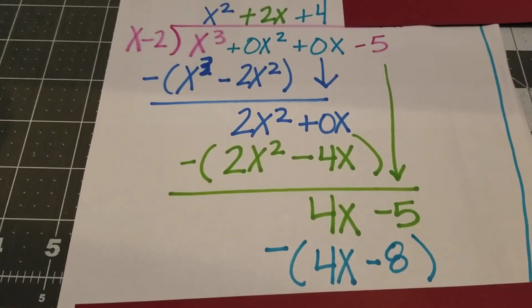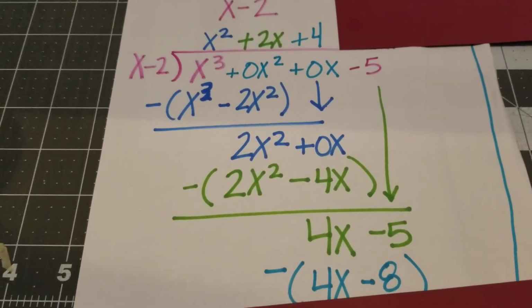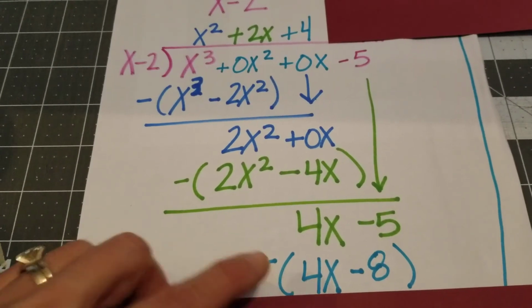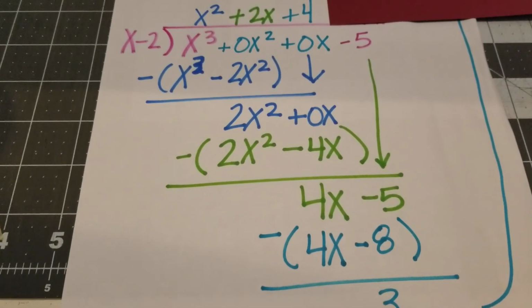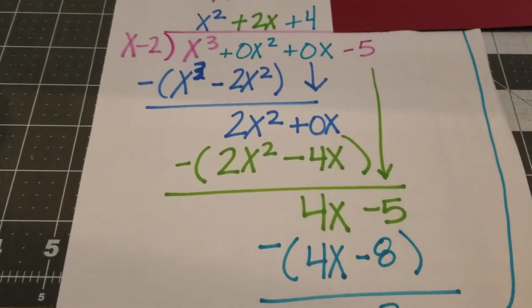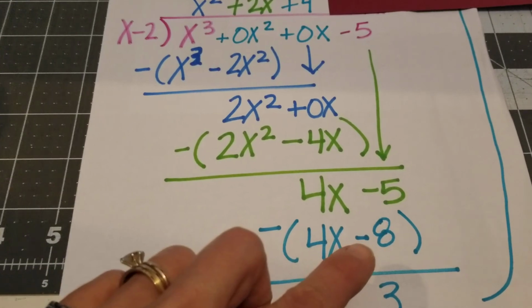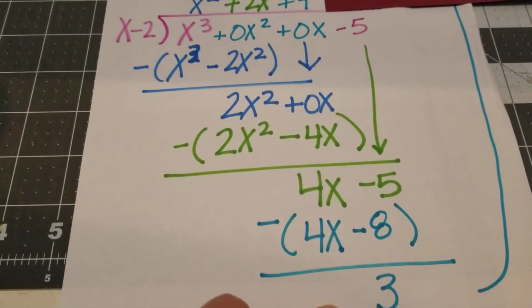And then my 4 times negative 2 gives me negative 8. Then I subtract. So I have 4x minus 4x. That's going to give me my 0x. And then I can take this away. I can have my negative 5 minus negative 8. That makes a plus 8 to give me my plus 3.